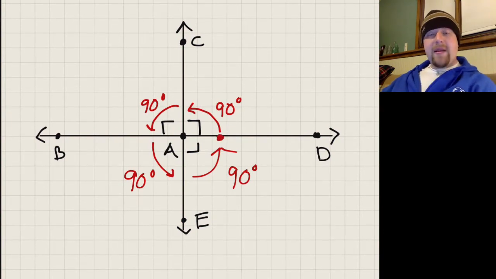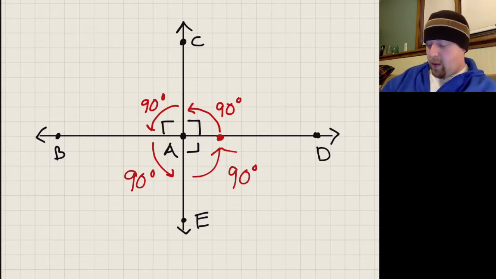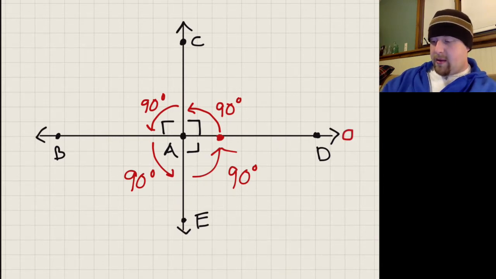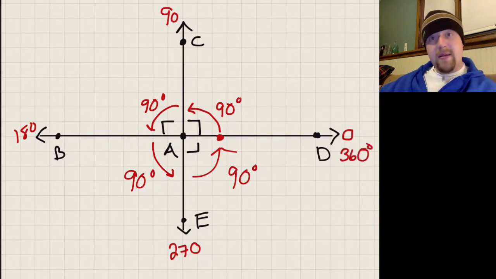So the biggest angles I could have are somewhere between 0 degrees, which is over here, and not 90, not 180, not 270, but if I go all the way around, 360 degrees. So angles are going to be anywhere from just a little bit to 360 degrees.